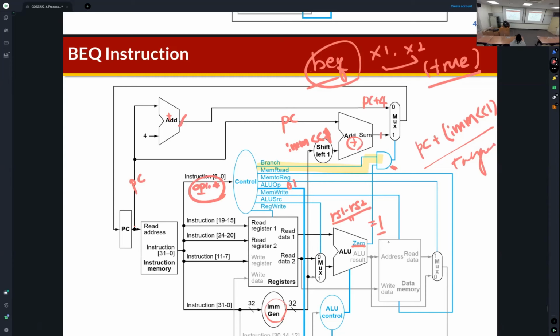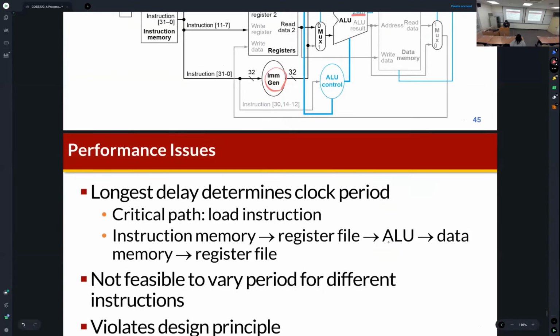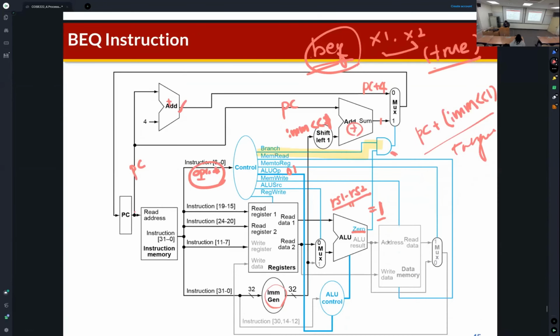So the BEQ condition is true and it becomes 1. And since this is a branch instruction, the branch control signal is 1. And then this is the AND gate.